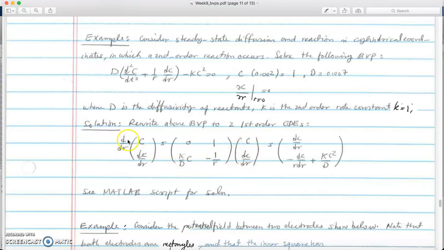The second one is d/dr of dC/dr, and that is the second derivative of C with respect to r.